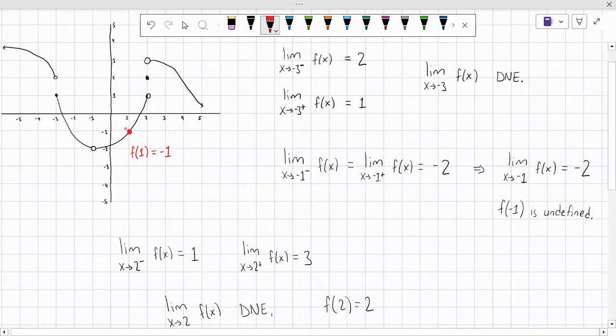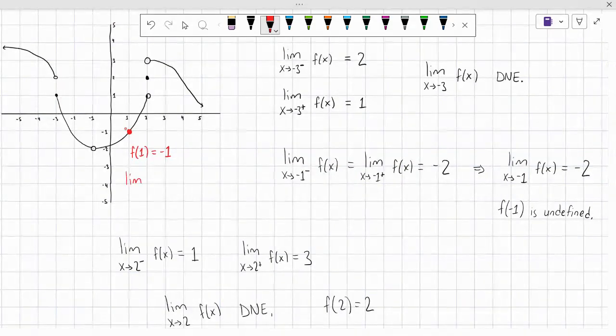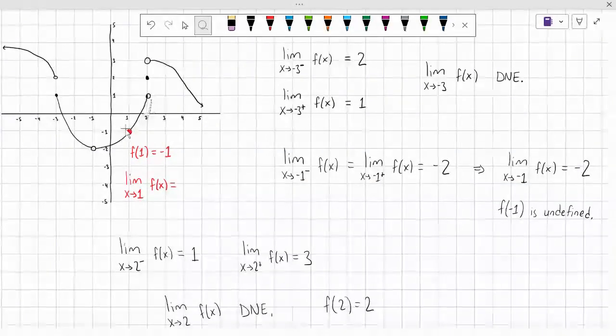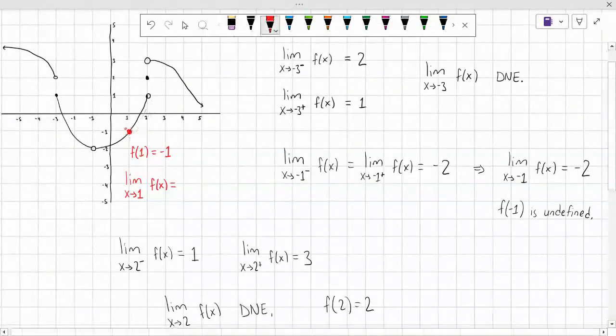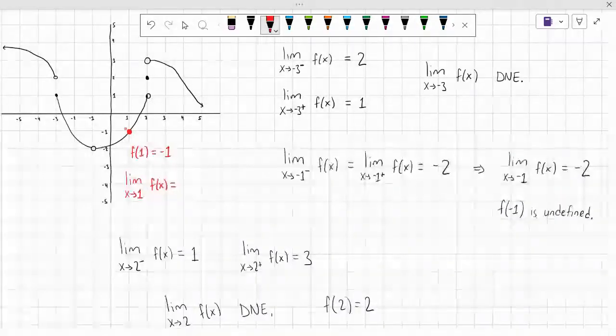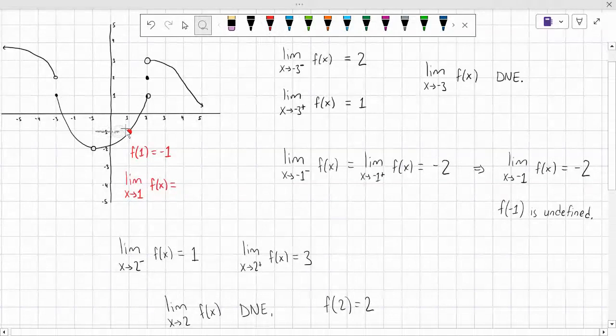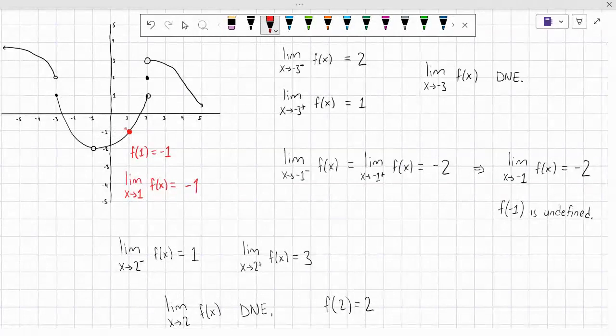But if we look at the limit as x approaches the value of 1, whether you approach from the left or from the right, both approaches will give you the same answer. The function is going to approach this y value of -1. So this is a point where the limit actually matches the value of the function.